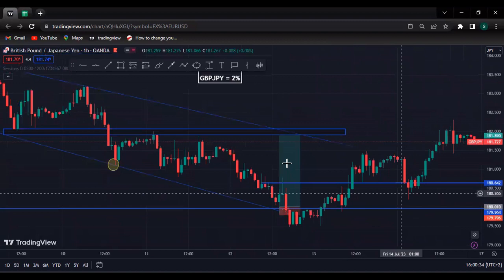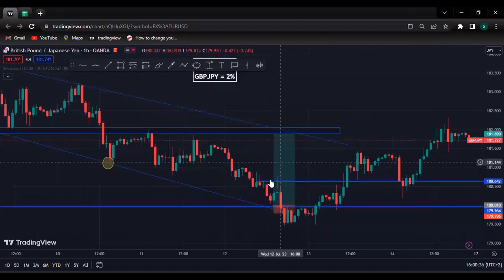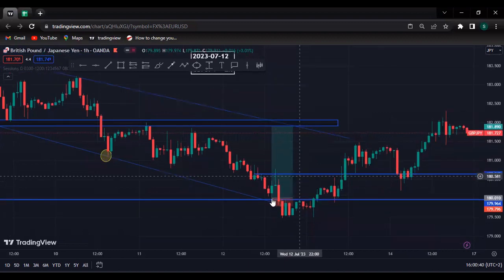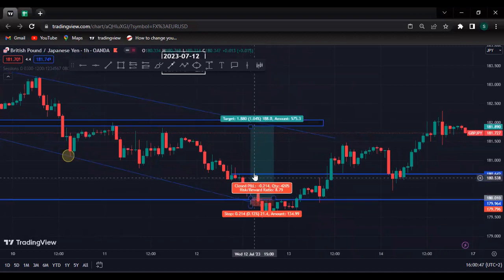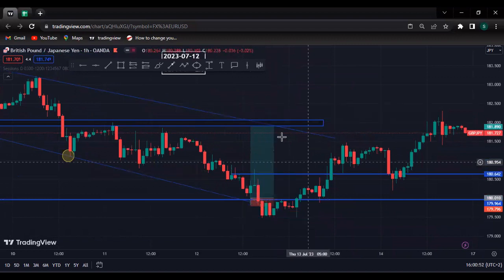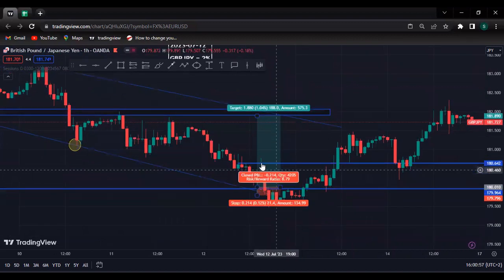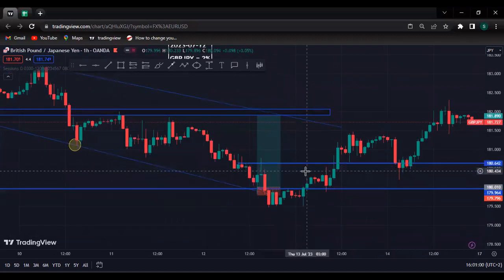So my 2% target was over here, which was my TP1. As soon as I entered here on this candle, price pushed up, hit my TP1, pushed above it. Once I saw it push above, I thought, okay, from there, we're moving straight to the overall TP. But then it was actually just a wick. The body of the candle closed way below.